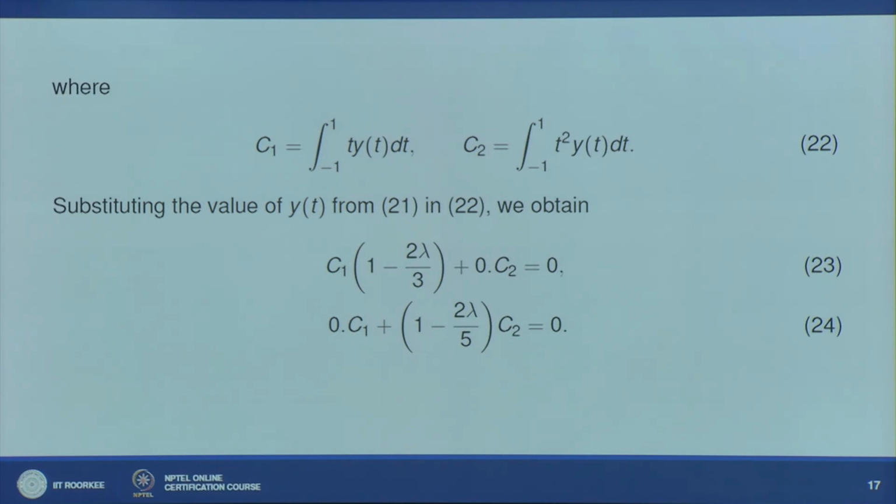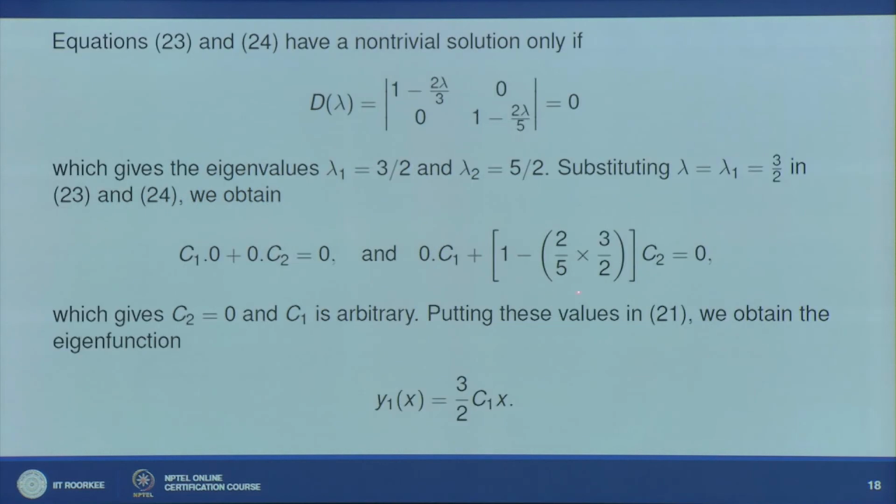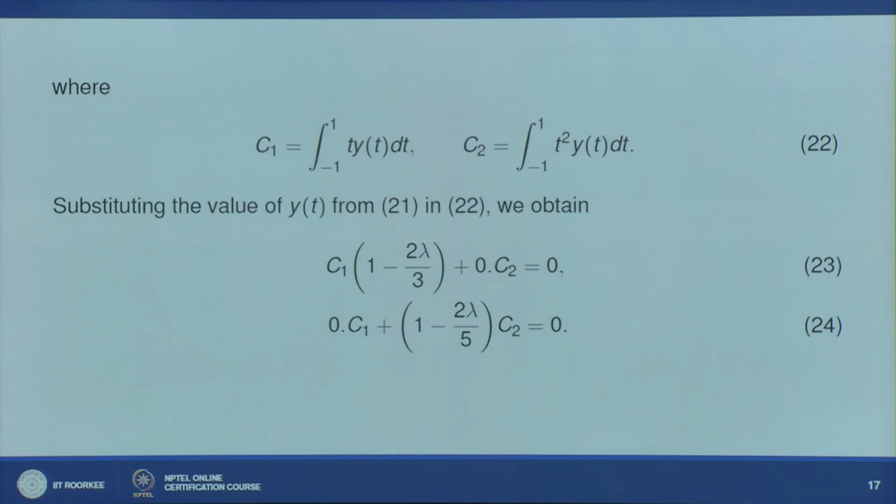So this will not give anything. By putting this in the other equation you get that c2 equal to 0 and c1 is completely arbitrary.